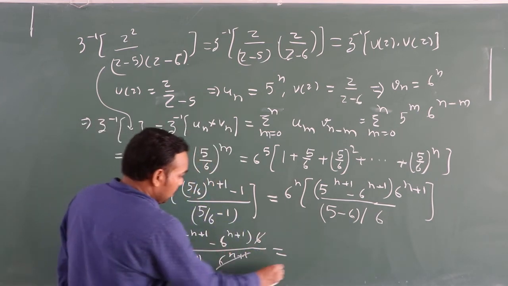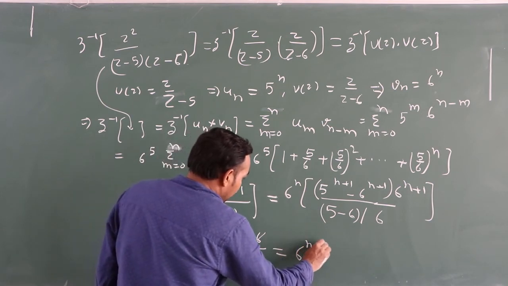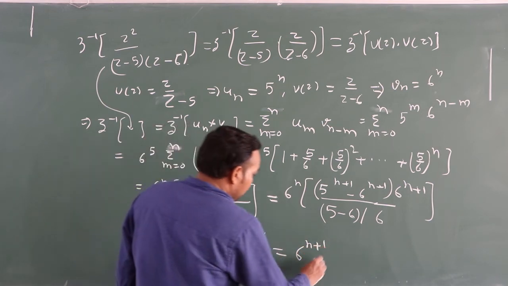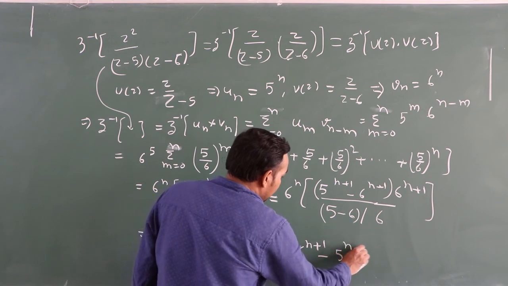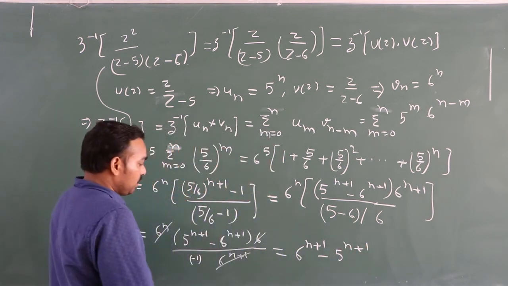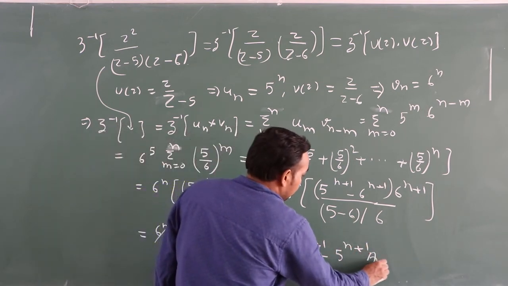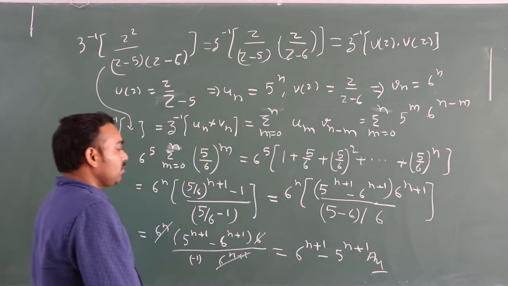Finally we get 6 to the power n plus 1 minus 5 to the power n plus 1, which is the answer of this problem.